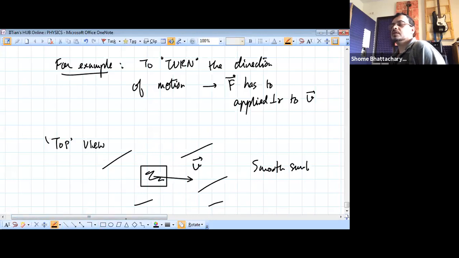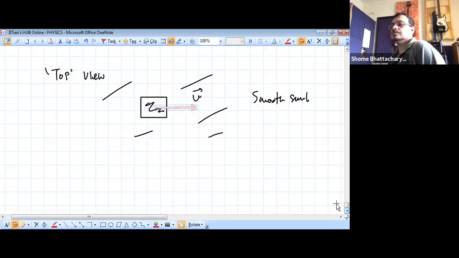Imagine it's moving towards the east on a horizontal plane, and now I apply a force which is perpendicular to it, in this sort of direction.